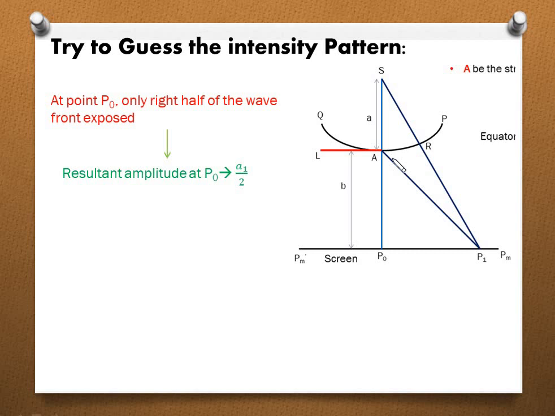If the complete right side is exposed, with first, second, third, fourth till mth, all half period zones exposed, the amplitude at point P0 will be A1 by 2.